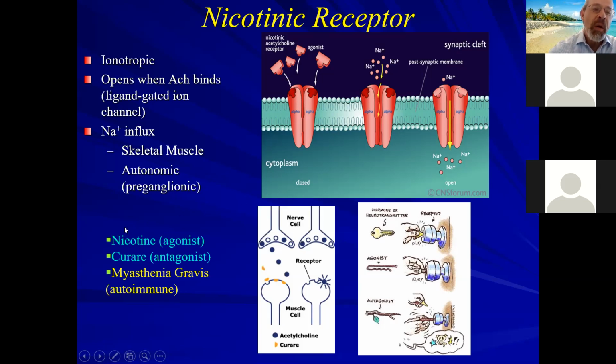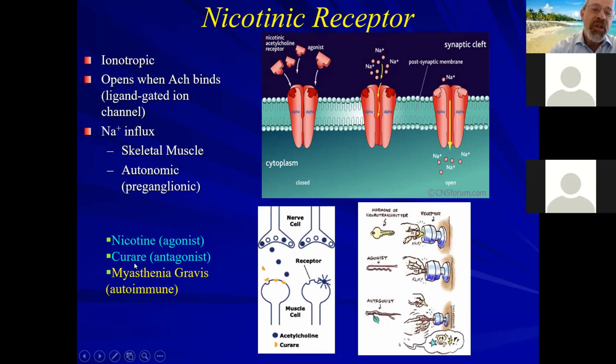All right, so it gets its name from the fact that nicotine is an agonist for it. And what is an agonist? An agonist is another molecule that binds to the receptor that triggers the same response. So nicotine binds to this receptor, triggers an influx of sodium, just like acetylcholine.